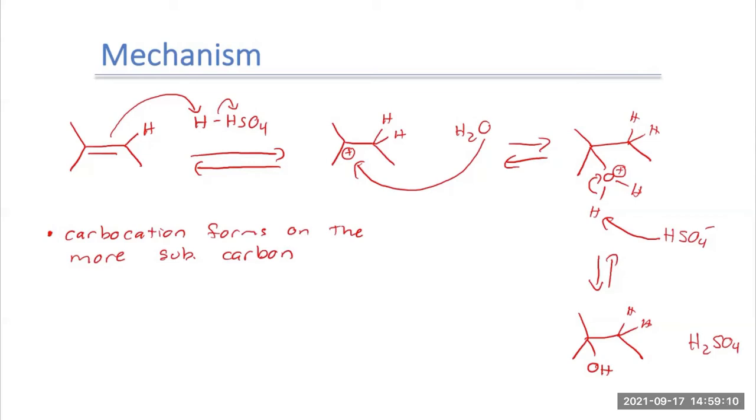So this means our hydration is regioselective. It follows the Markovnikov rules. And since we form this carbocation intermediate, here, we could potentially get rearrangements. So our hydration may take place with rearrangement.